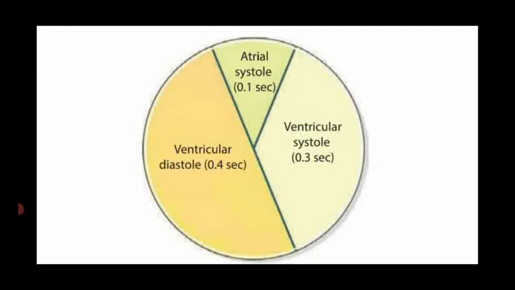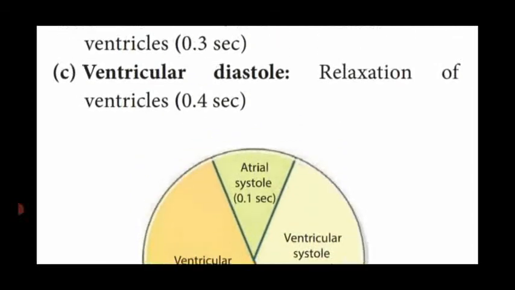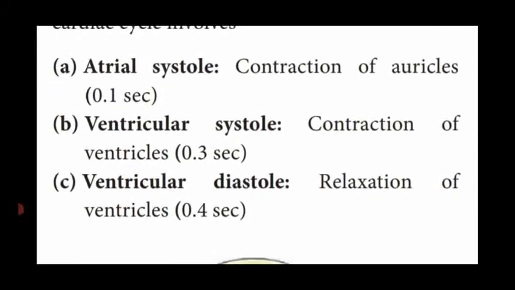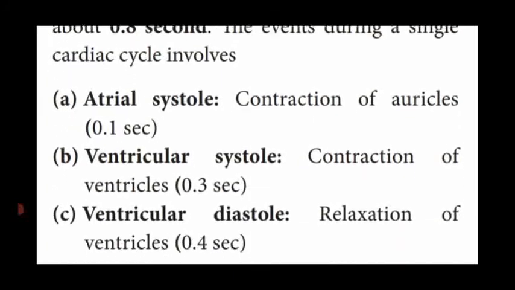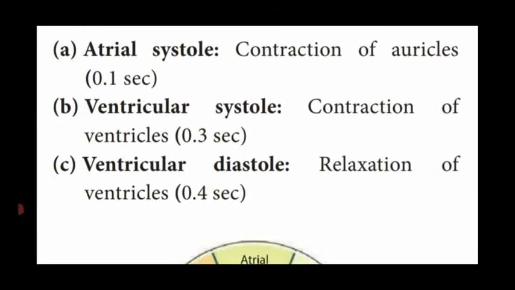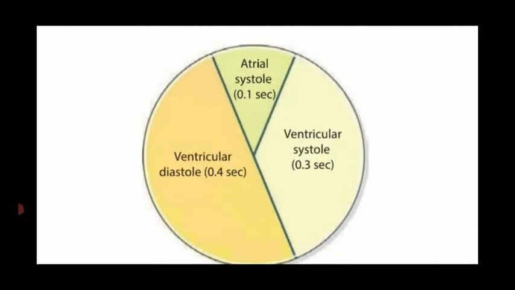That's why the definition is given: the sequence of events taking place from the beginning to the completion of a heartbeat is known as the cardiac cycle. So this diagram shows the cardiac cycle with the 3 activities: atrial systole, ventricular systole and ventricular diastole.